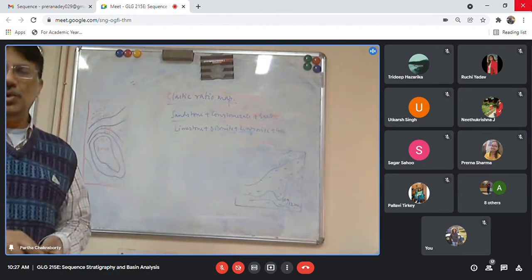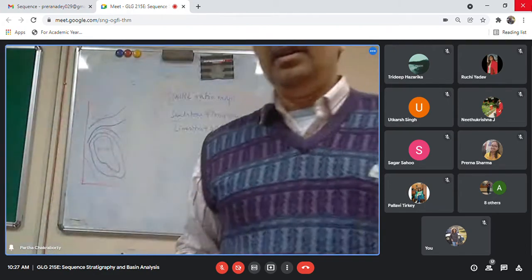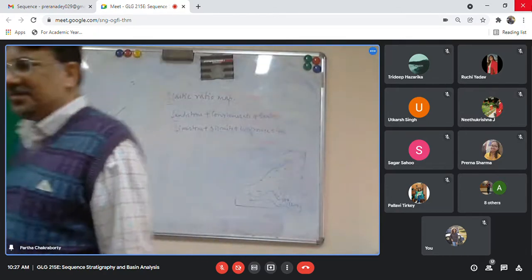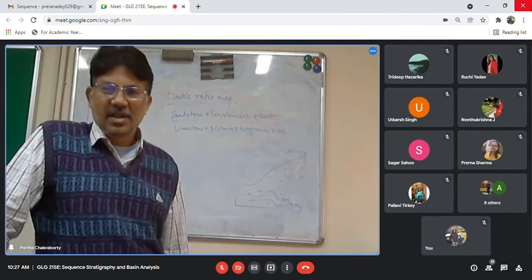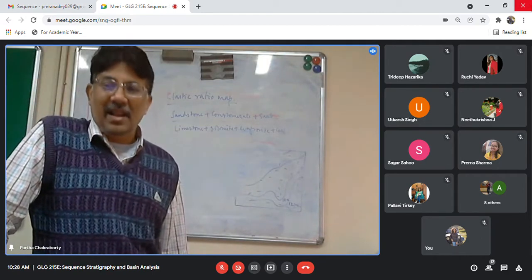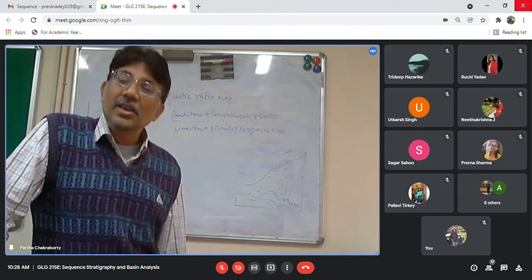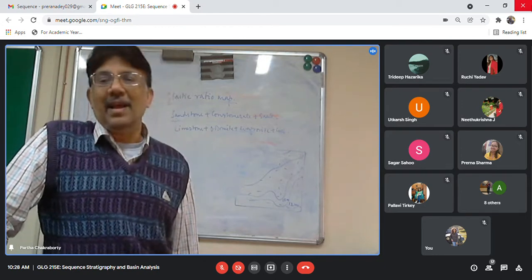This ratio, sandstone, conglomerate, shale divided by limestone, dolomite, evaporite, coal, is determined. So the clastic by chemical ratio is determined, and then the equal ratio points are joined to make a clastic ratio map.